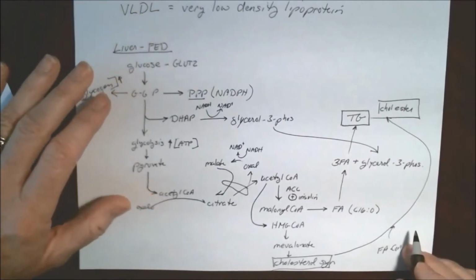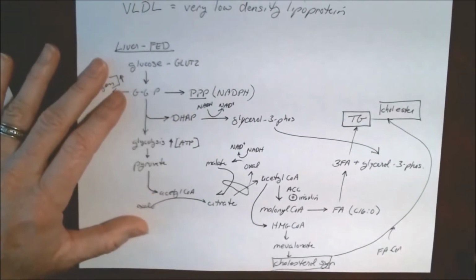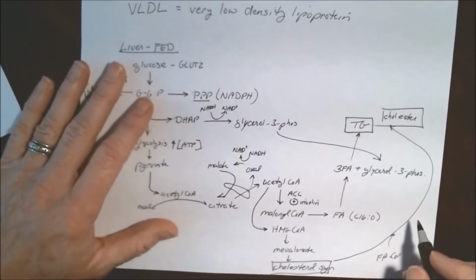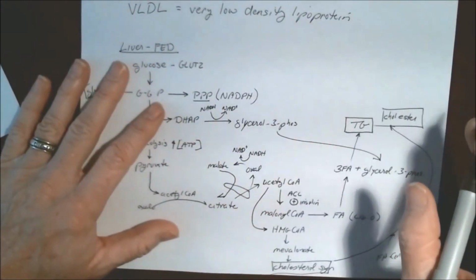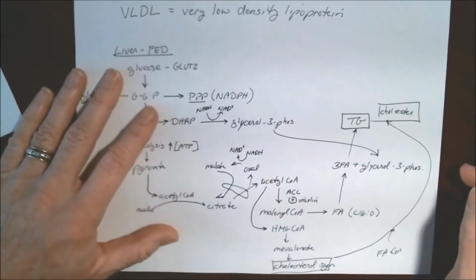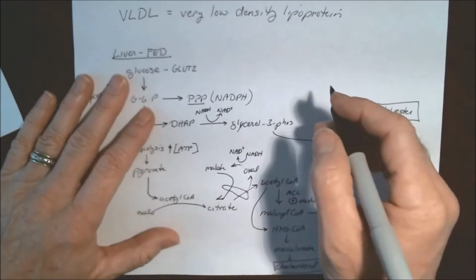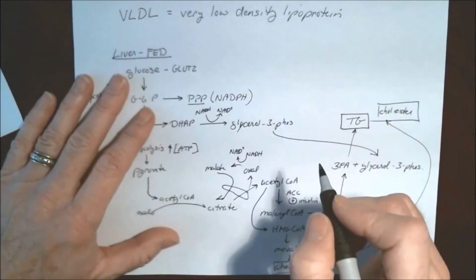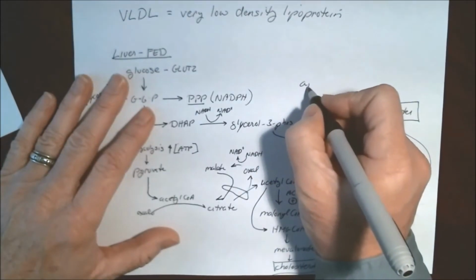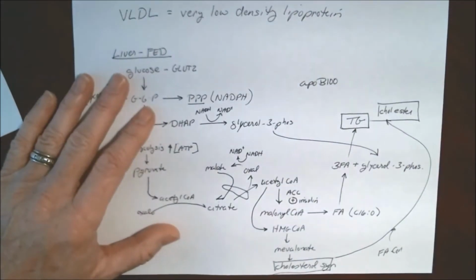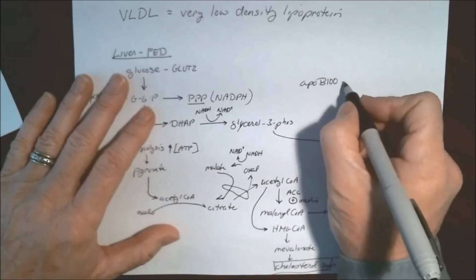And now we have our major substrates in order to construct the VLDL. Now, to do this, we're going to have a similar situation as in the intestinal epithelial cell, where we're going to need a skeleton protein. So, in this case with the liver, it is going to be synthesizing the protein ApoB100.